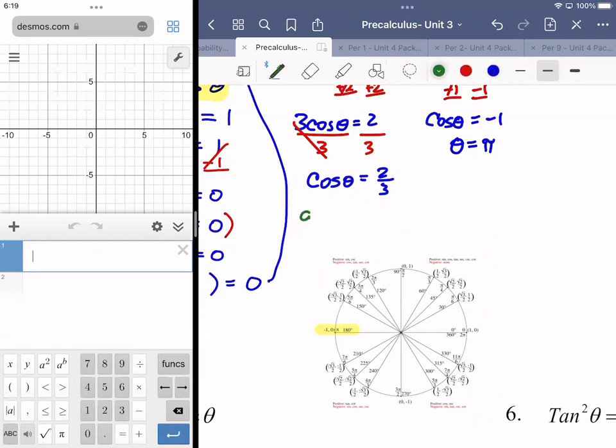So I would say arc cosine of cosine theta and the arc cosine, also known as inverse cosine, of 2/3. On the left-hand side, arc cosine and cosine cancel out to theta.